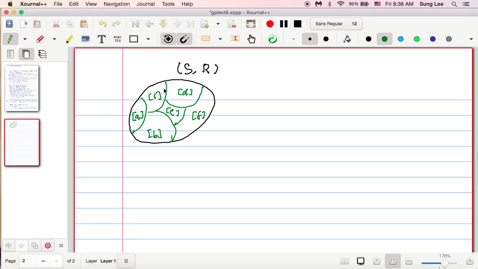No intersection, okay? So that's why we have this picture. So we can partition S just like this, into these pieces, which are the equivalence classes.